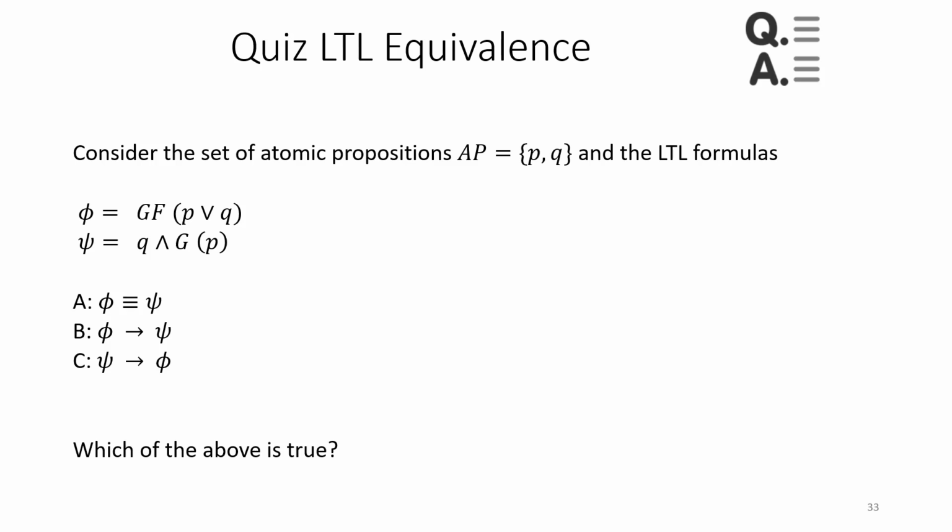Okay. Now, what about C? In C, it asks, can we find a model that satisfies psi and violates phi?